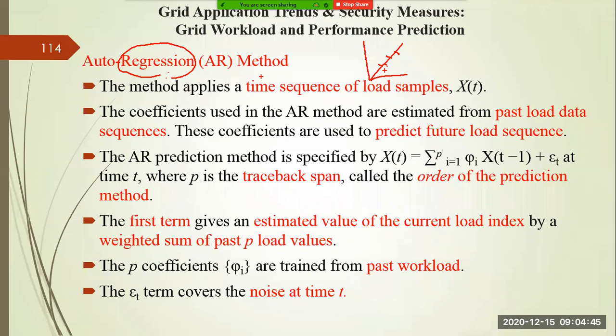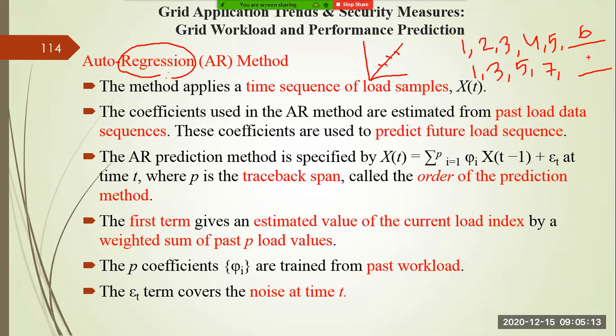Here, this auto regression method is used to do prediction. You have seen this in quantitative aptitude also. Suppose I tell you 1, 2, 3, 4, 5. Then what is the next number? You will say the next number is 6. Similarly, if I tell you 1, 3, 5, 7, what is the next number?